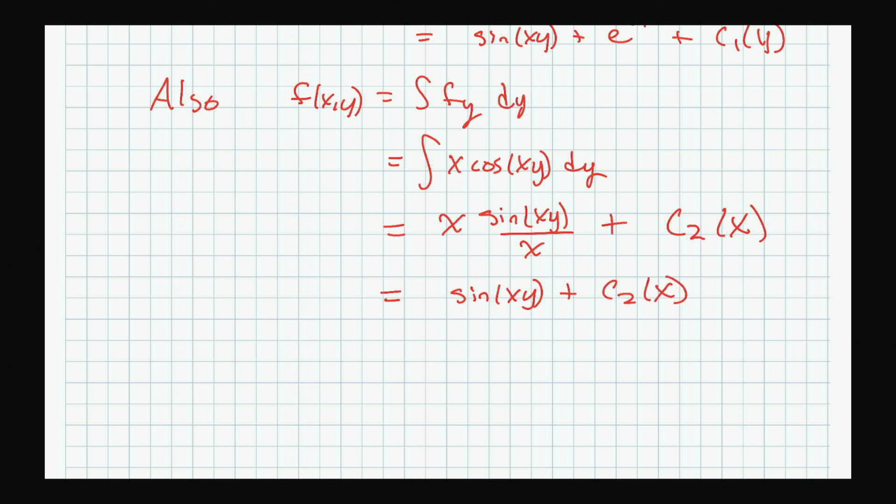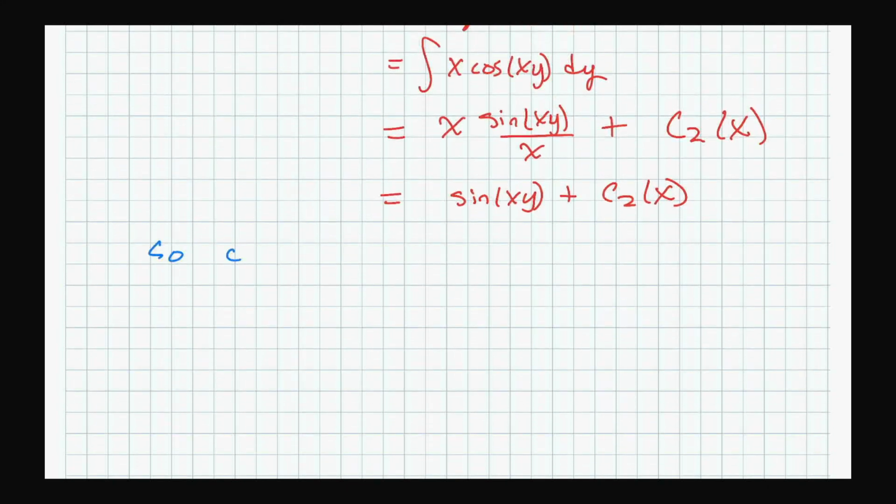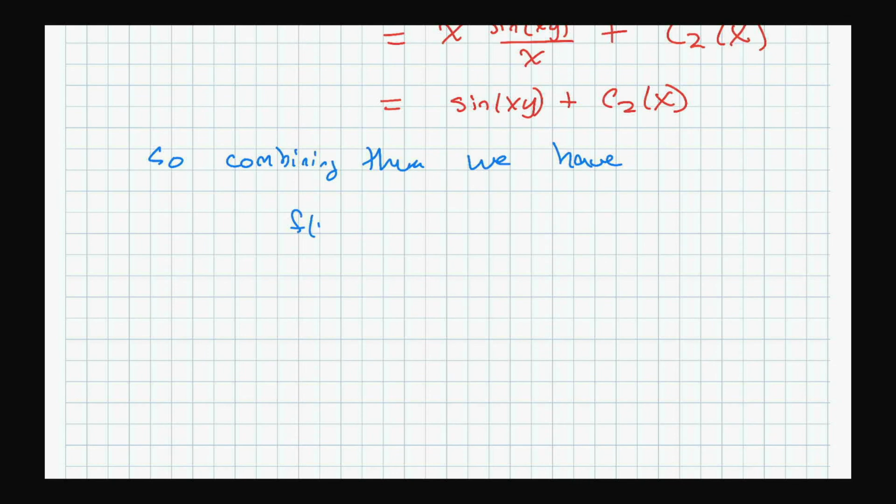So you look at them together. Combining them, one of them said f of xy should be sine xy plus c2 of x. That's just the one that's on the screen.